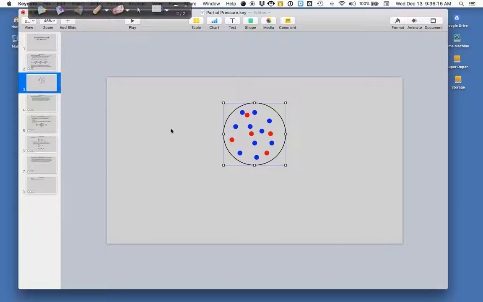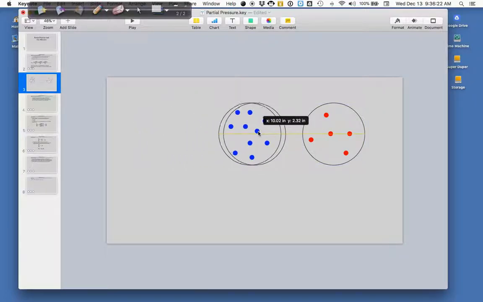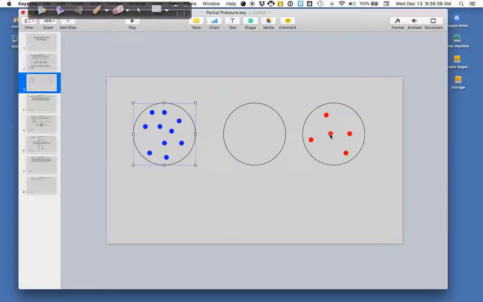Because guys, let's do this again. Pull out the blue, pull out the red. So guys, let's put in the blue. What is now the pressure inside the container? 2 atmospheres. Now, is this, actually, you know what? Let me do this. Now guys, let's pull out blue and let's put in red.